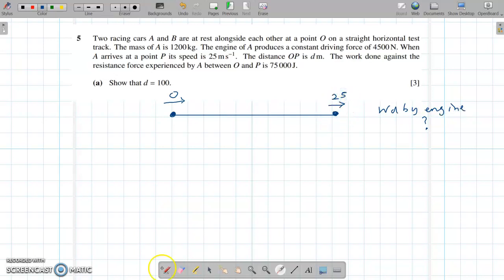Let's see what kinetic energy it's got. Kinetic energy is half mv squared. It's half times the mass, which is 1200, times 25 squared. That comes to 375,000 joules.